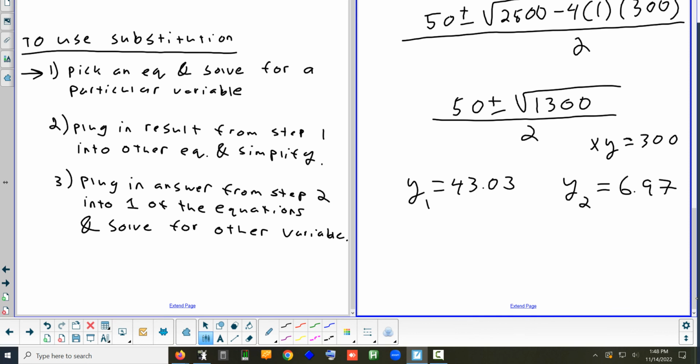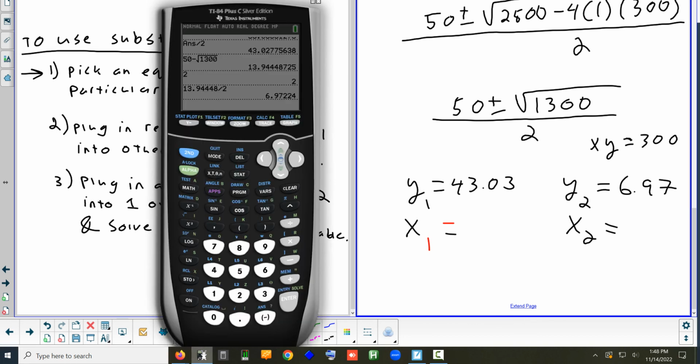So we need to do that for each answer. Take 300 divided by y, and that will give you x. So let's take 300 and divide by 43.03. We just got 6.97.